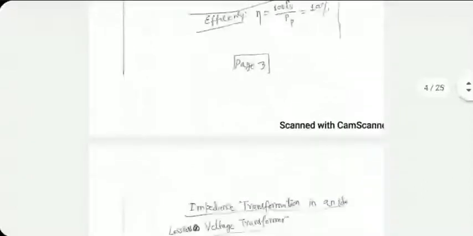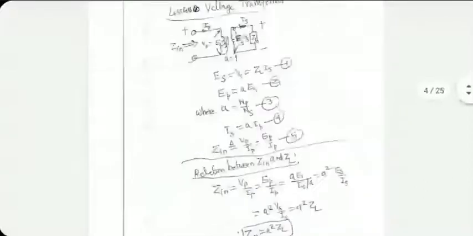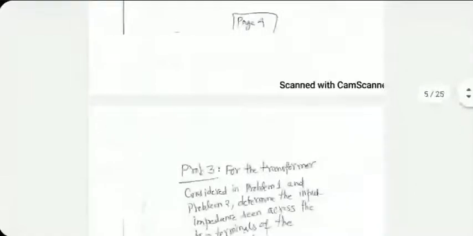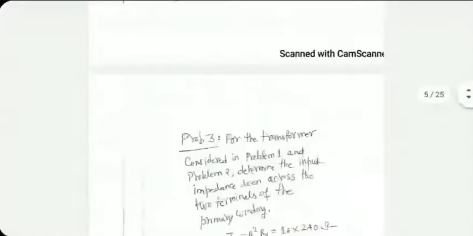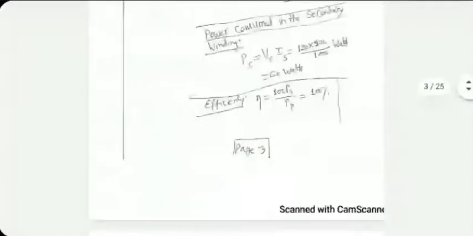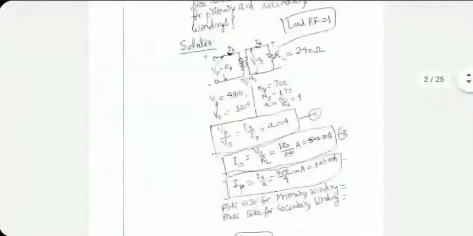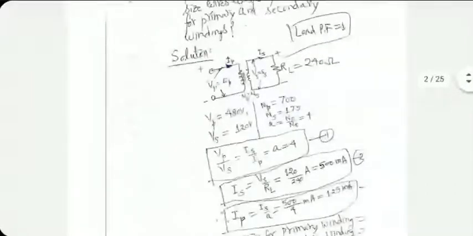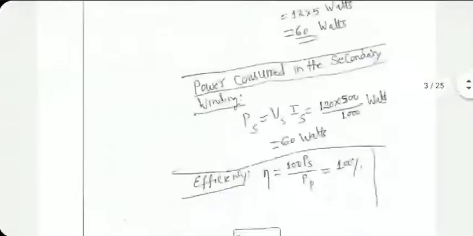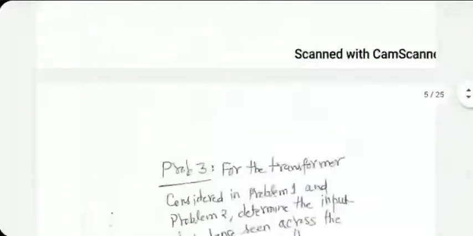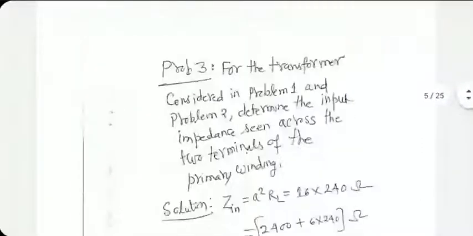Now, the next problem is different. This we know already, let's not go there. Problem 3 says that if you take the transformer that is there in problem 2, and instead of connecting a purely resistive load, you connect a complex load, what will happen? What will be the input impedance, first of all?